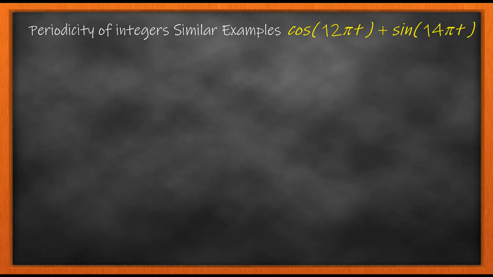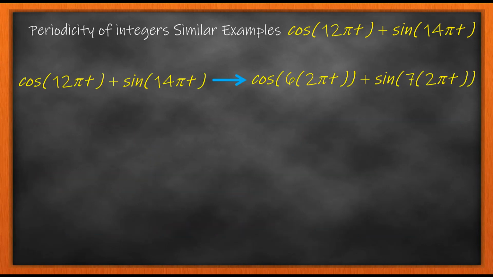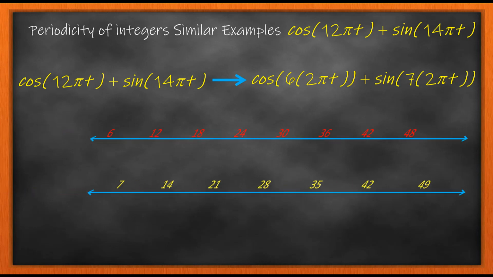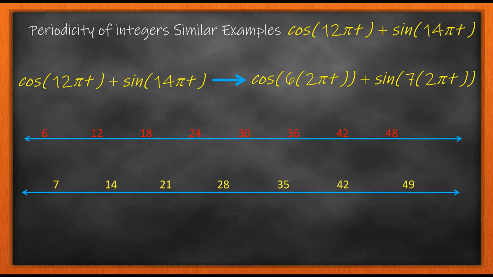Good. Next question is 12 pi t and 14 pi t. It contains, as the first step, 6 2 pi's and 7 2 pi's. Now writing the multiples for 6 and 7, you end up getting the common term at 42, which is after 6 to 7 terms on the multiple axis.